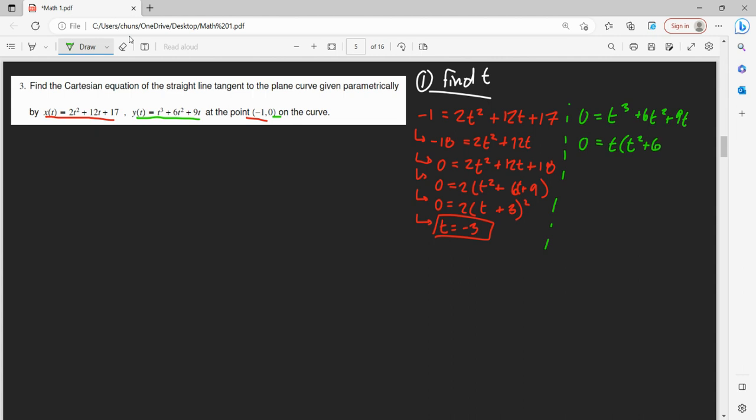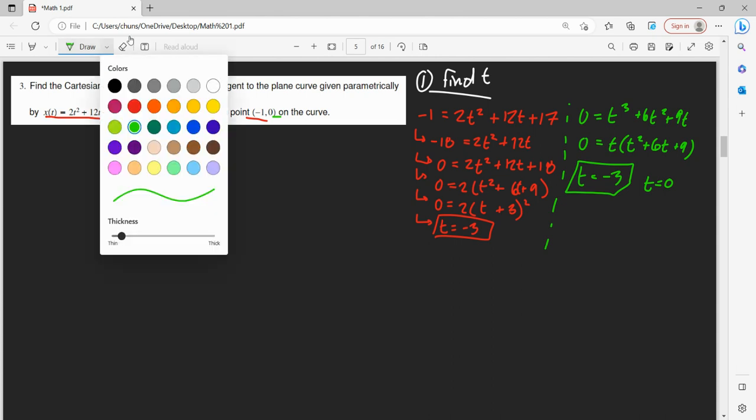Plus 6t plus 9. Same thing. T is equal to, so this is the same thing over here, right? So t is equal to -3, or t is equal to 0. But since -3 is common for both of them, we are going to use t equals -3 for our value of t.